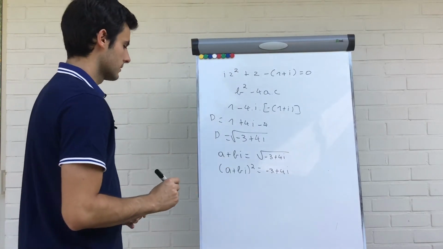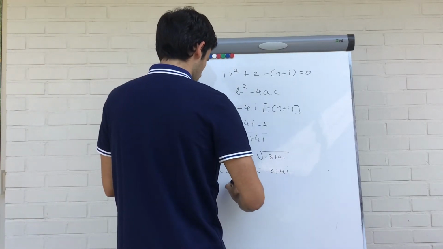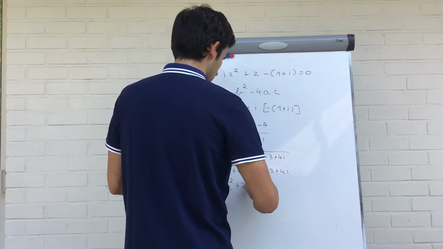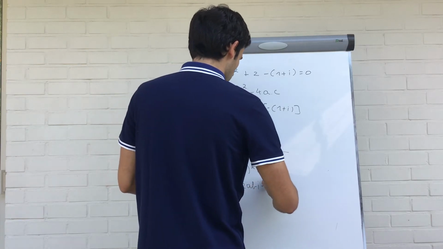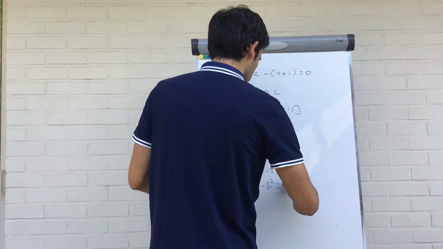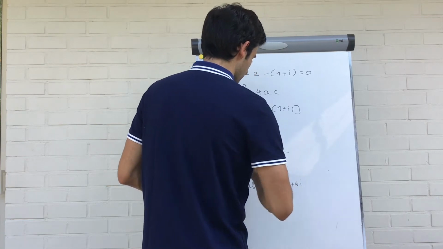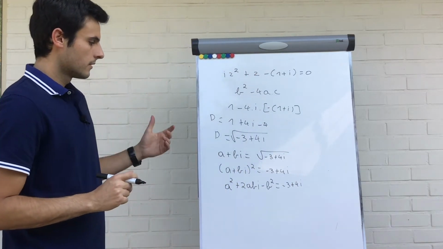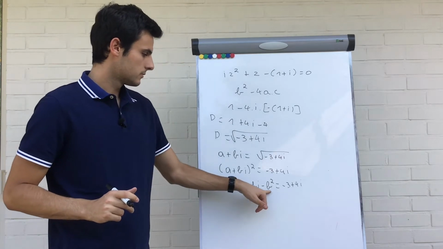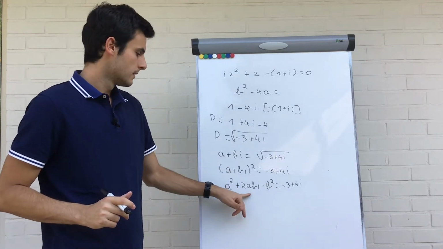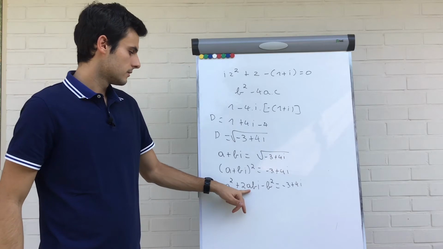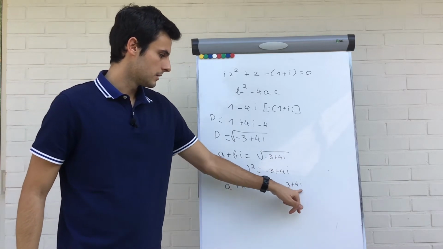Now we can calculate this. So we get a^2 + 2abi - b^2 = -3 + 4i. Now we see this part is real, so it must be equal to -3. This is the imaginary part, so this must be equal to 4i.